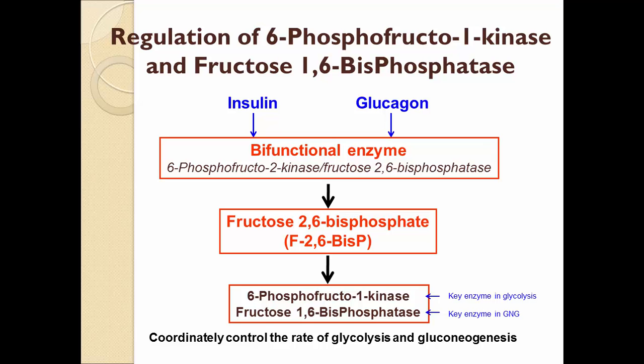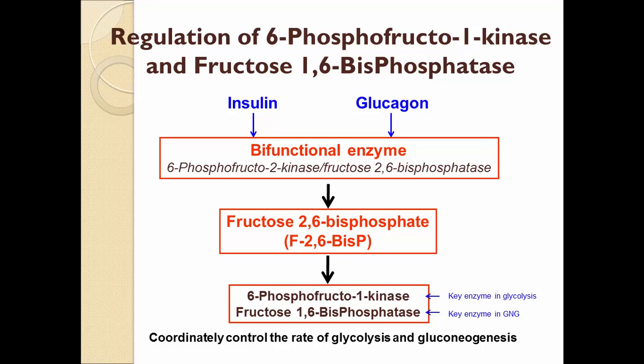And the production, or concentration, of this substrate is regulated by the enzyme complex called a bifunctional enzyme, right? Bifunctional enzyme means that this enzyme has two enzyme activities that work together to catalyze the production of fructose 2,6-bisphosphate, the key substrate.